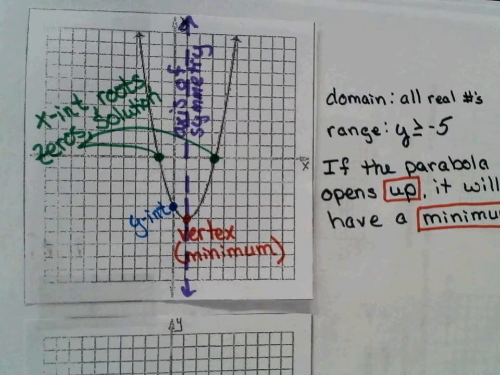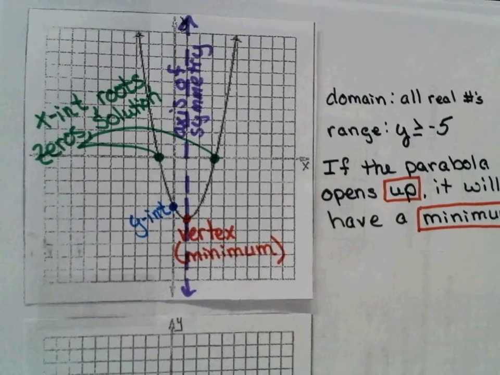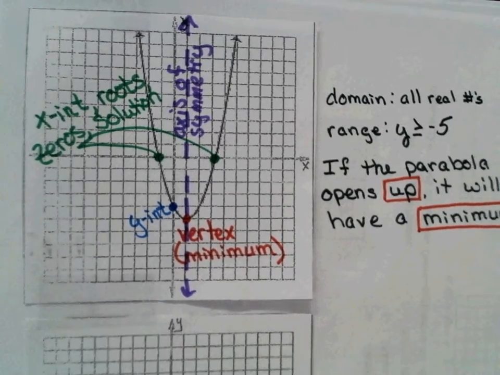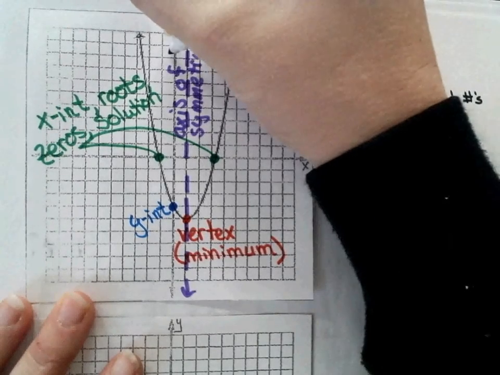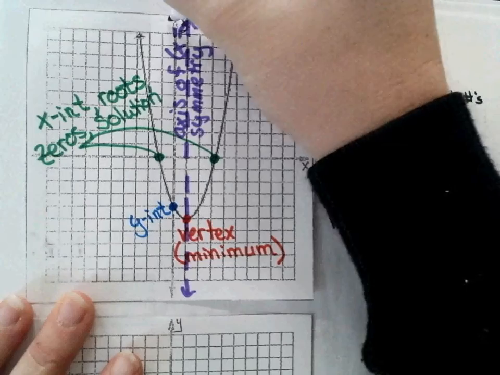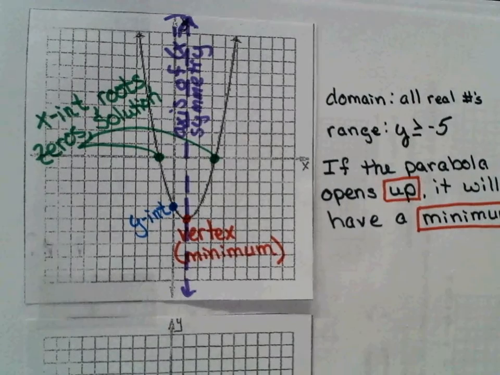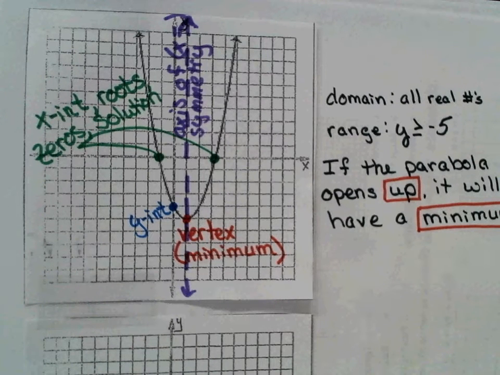Now, if it is a vertical line, how do we write the equation of all vertical lines? Is it y equals or x equals? It is x equals. So this will be an x equal. When I ask you for the axis of symmetry, you're going to put x equals and then tell me what that x value is.